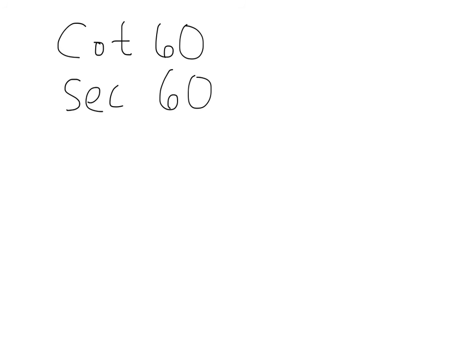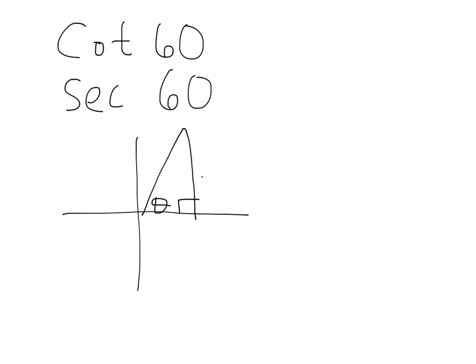So let's say we want to find, let's do both, the cotangent of 60, and let's do the secant of 60 as well. So we'll do both of them on this one. All right, so I'm going to draw on my triangle. Cool. So across from the 60, which is our theta, that would be root 3.